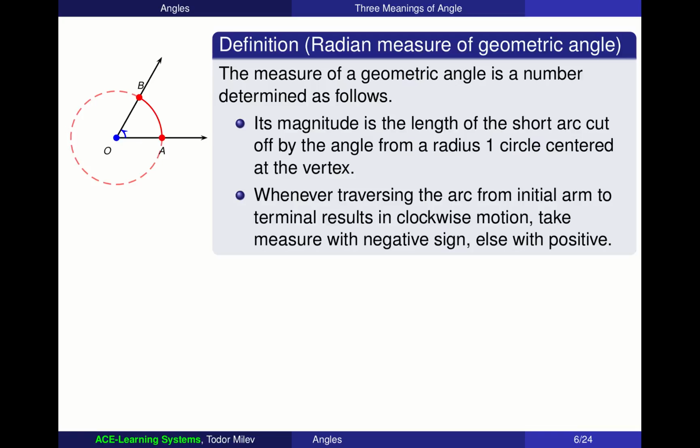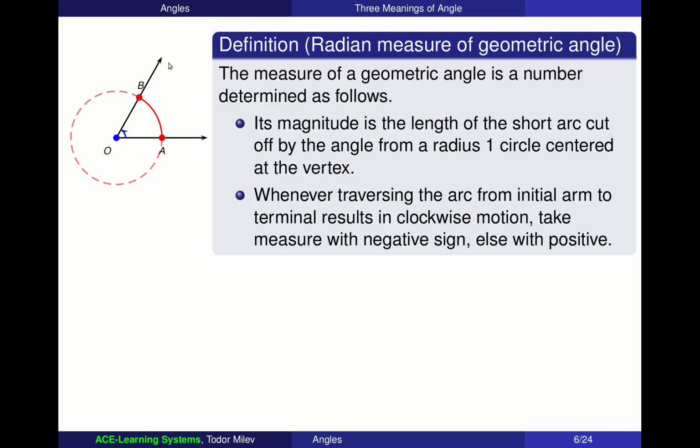Whenever traversing the arc from the initial arm to the terminal arm results in a clockwise motion, we take the measure with negative sign, else we take it with positive. So I told you the magnitude of the measure of a geometric angle, but now I have to tell you whether it's positive or negative.